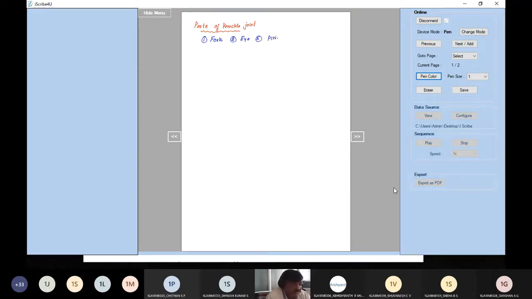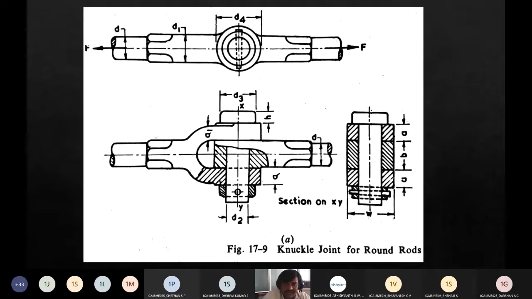These are the three parts of a knuckle joint. Let me draw the same diagram which you see on the screen now. I have a fork here, this is the eye, and this is called a pin.